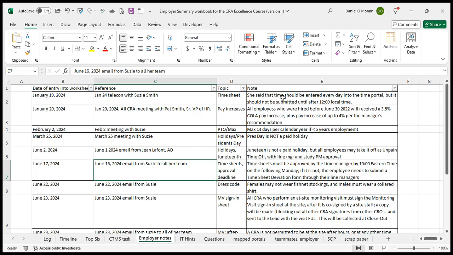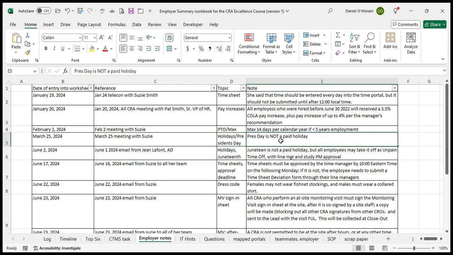And this is a no-brainer. It's not complicated. I just write down the date that I put the information into the worksheet, the reference. For the topic, what I try to do is have a major topic and then a subtopic. So down here for holidays, the main idea is holidays and the sub idea is President's Day.